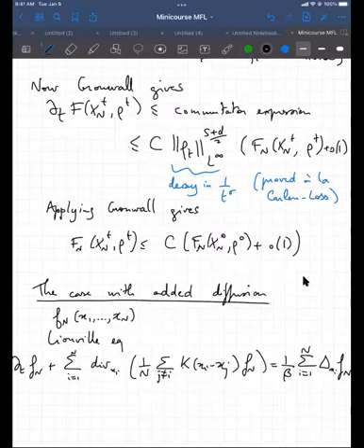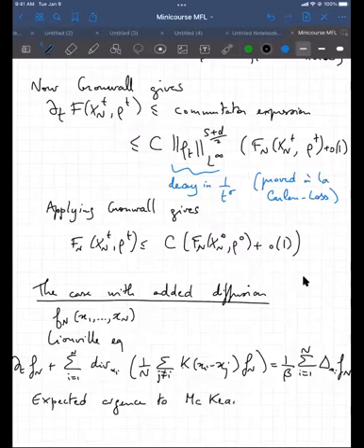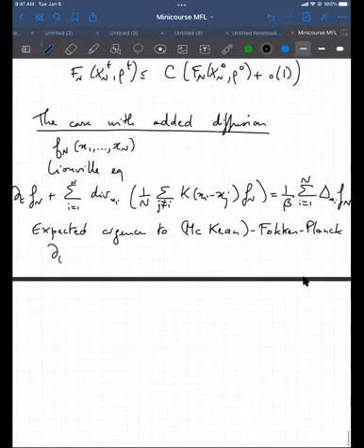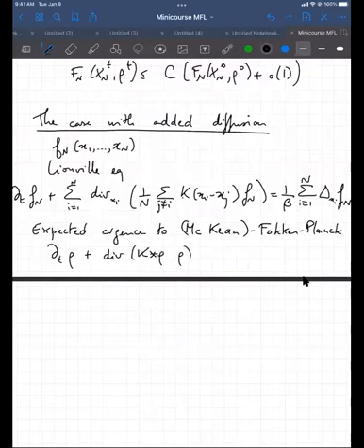And we have expected convergence to mean field equations, which are sometimes called Fokker-Planck or McKean-Fokker-Planck in this context: dt rho plus divergence of k convolved with rho, times rho, equals 1/beta Laplacian of rho. So we have the extra diffusion term here, Laplacian of rho.